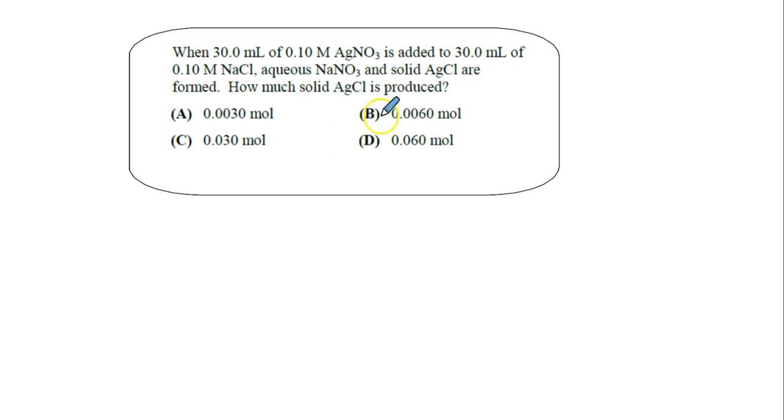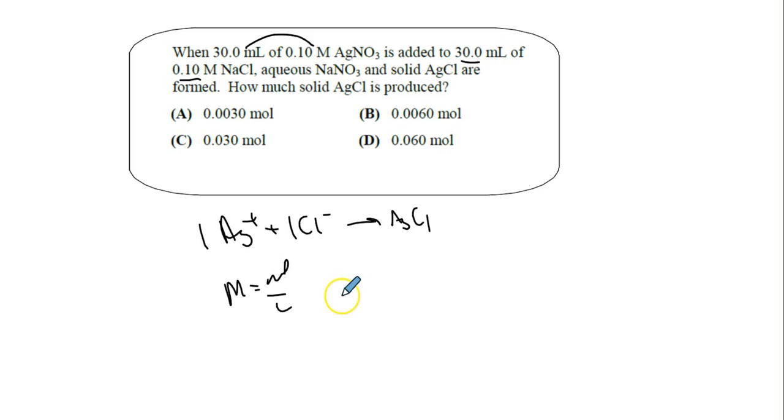Okay, so note here that I have the same equation, Ag plus Cl minus yields AgCl. It will be 1 to 1. So whatever moles of this stuff I have is equal to the moles of their stuff. So there's no limiting reactant. Both will run out at once. Okay, so it's just going to be molarity equals moles per liter.